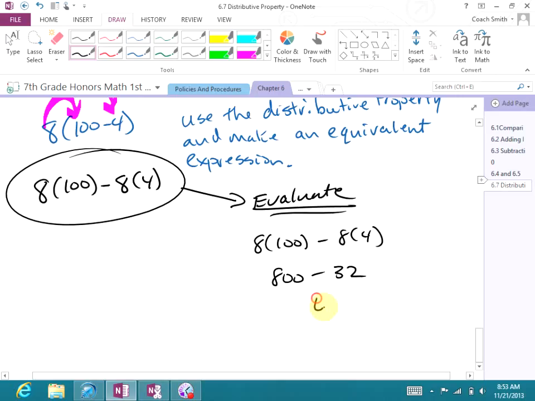And that's 768. So this one is what these directions tell you, and then this one is what evaluate means. Because it'll have two different types of problems in the work.